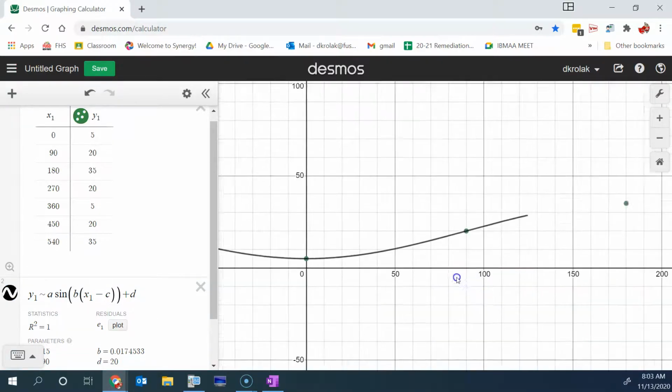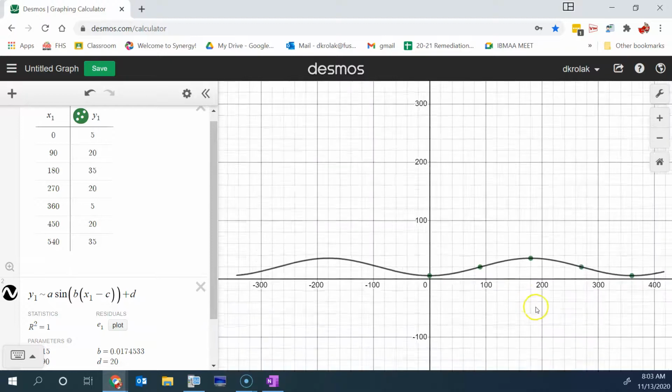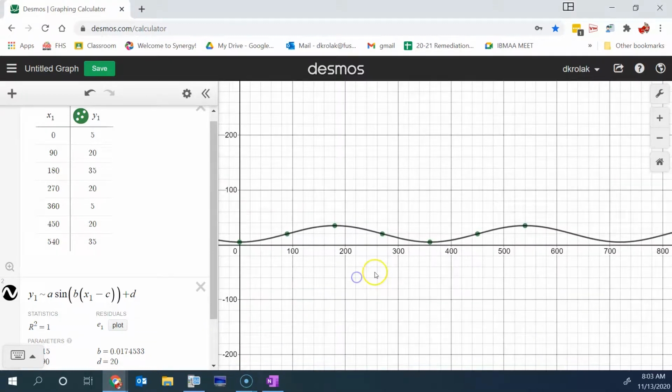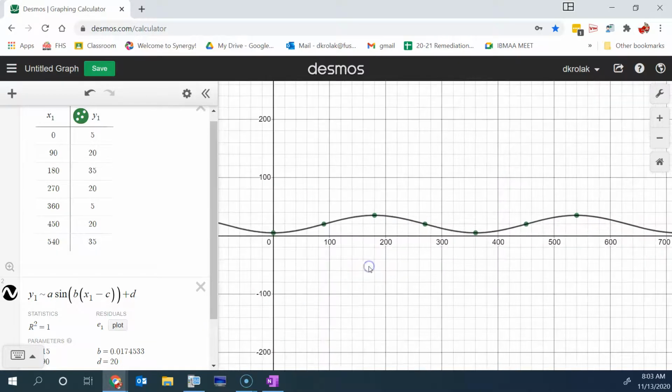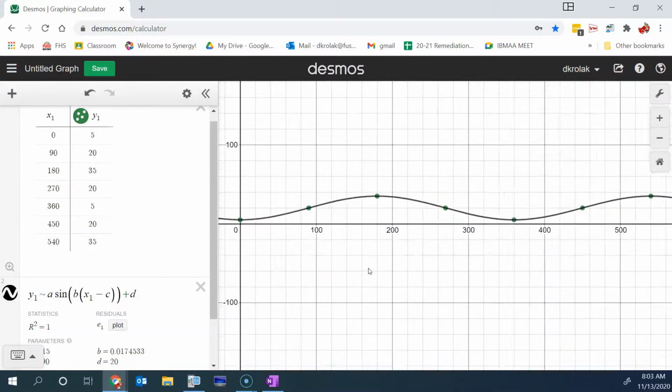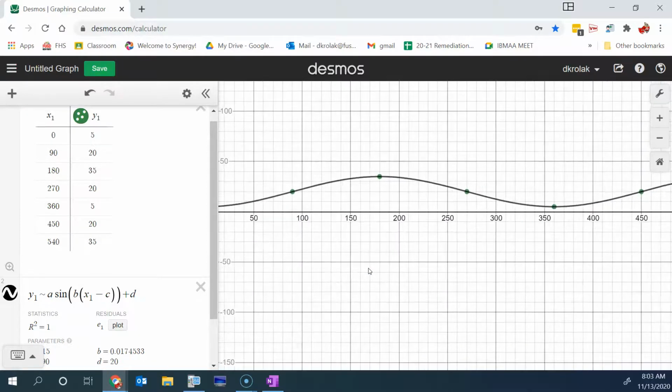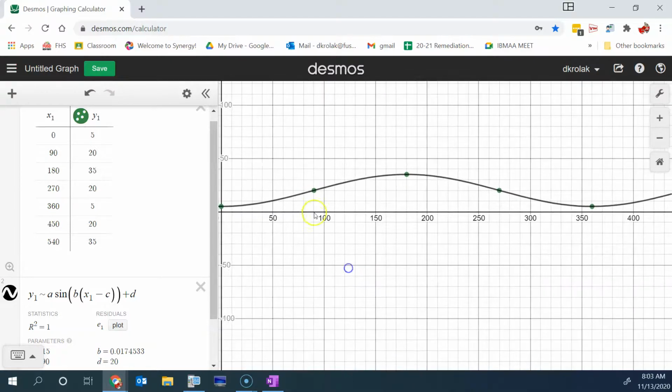Got to really zoom out to see it, but there it is. There's my graph. Each one of these dots are the coordinates of what you put in.